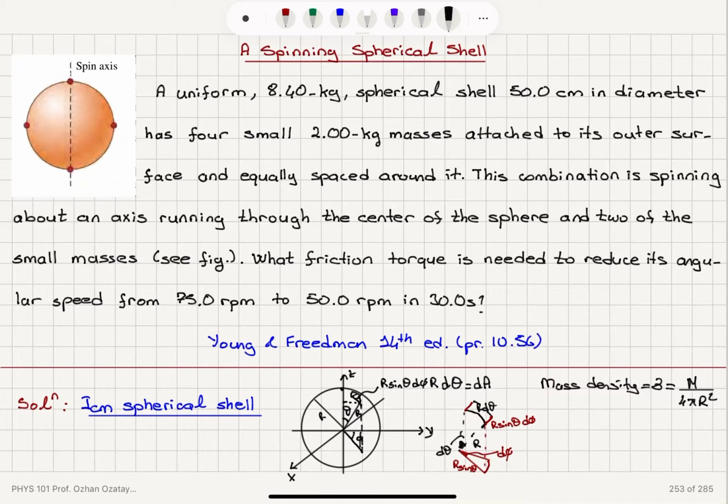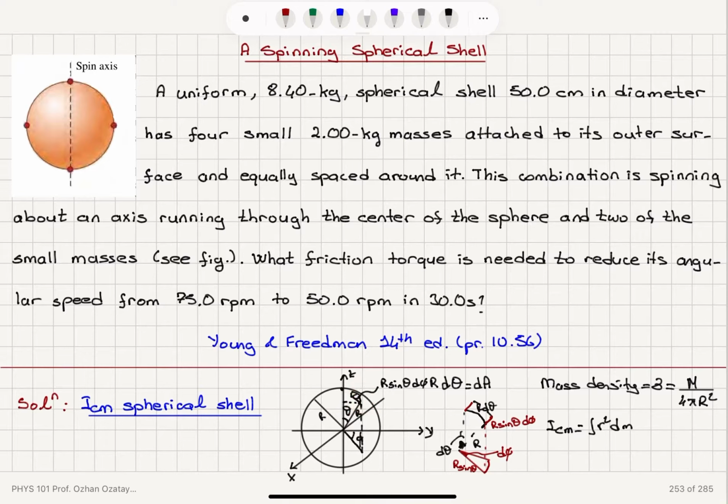So we obtain I center of mass, rotations about the center of mass axis, given by integral r squared dm. Now I look at the distance between this mass element and the rotation axis, which is the z-axis.